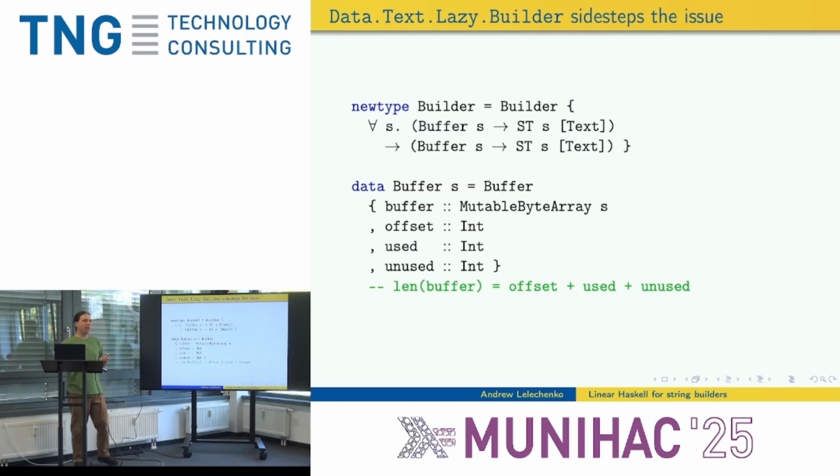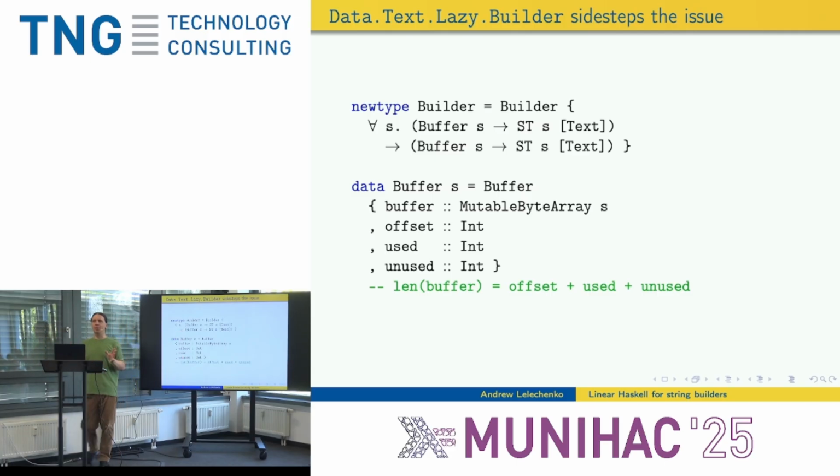Probably I'm prepared to write there some text or something. And if it fits in that buffer, then I will update used and unused counters and pass the very same buffer to this continuation, which will continue the allocation pattern. If what I am employed to put there doesn't fit, unused is 0, for example, right?